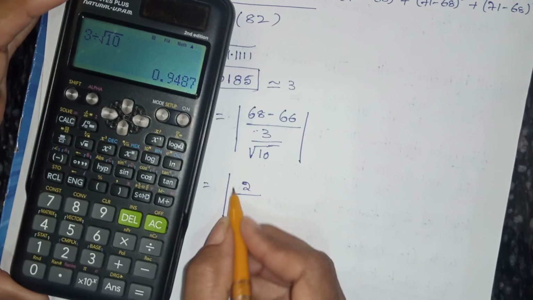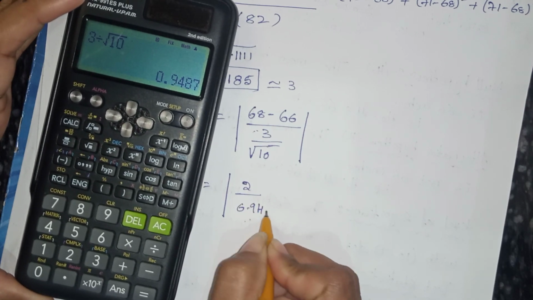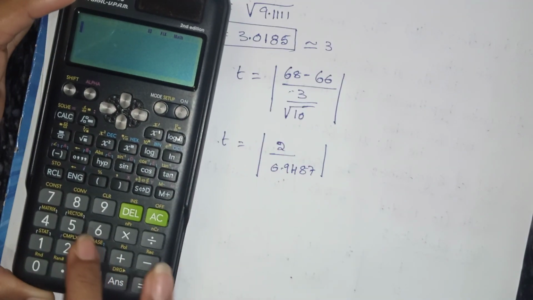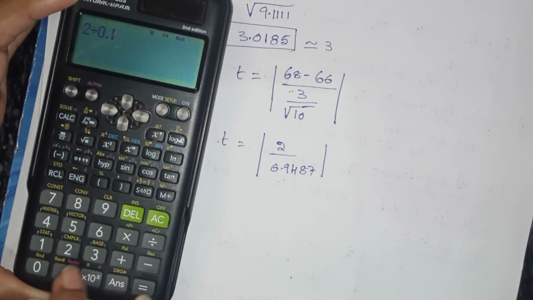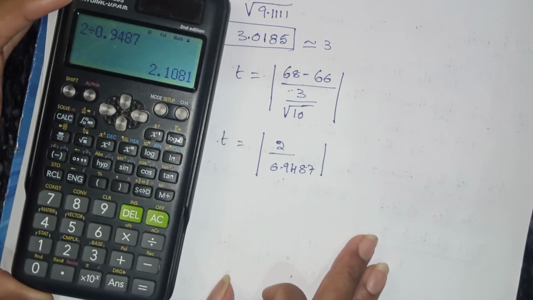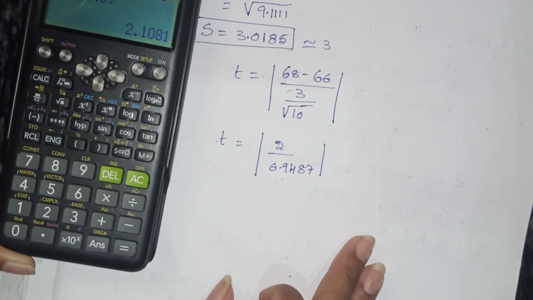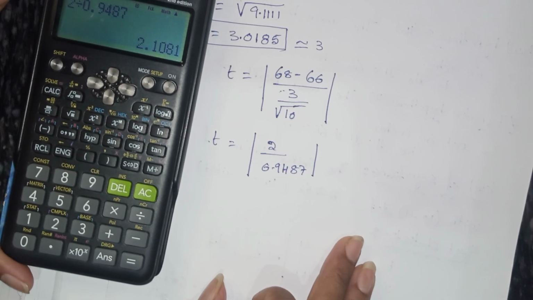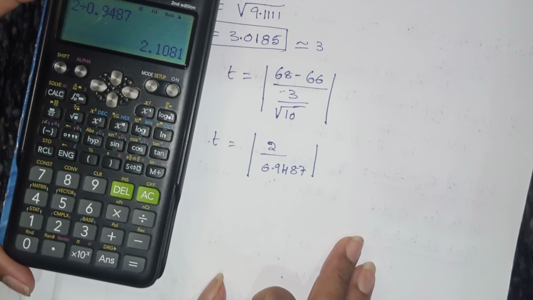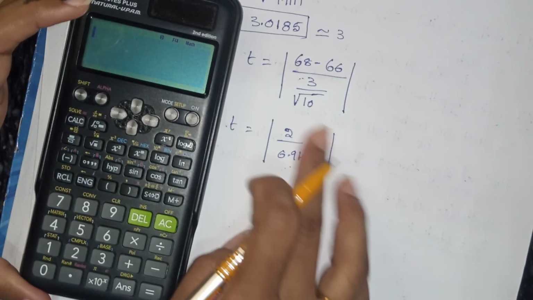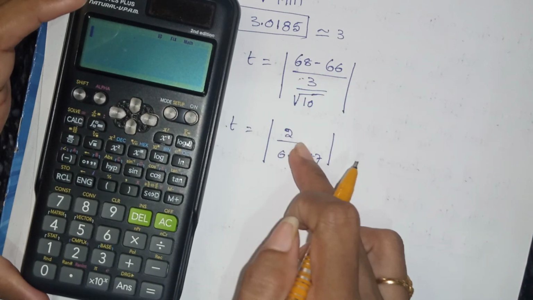So that equals to 0.9487. So 2 divided by 0.9487 equals to how much? Wait, 68 minus 66 is 2.